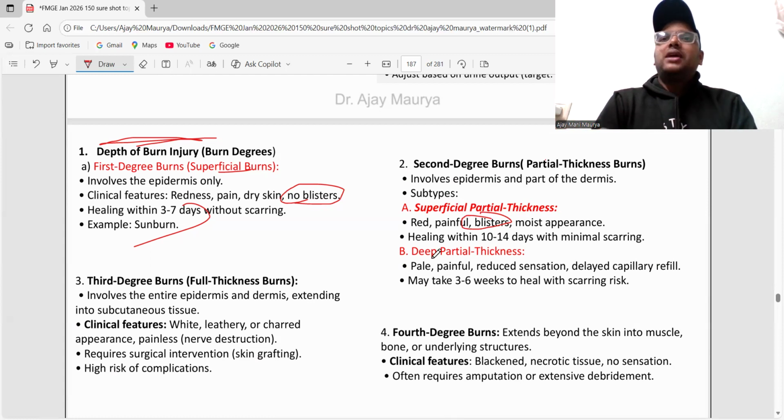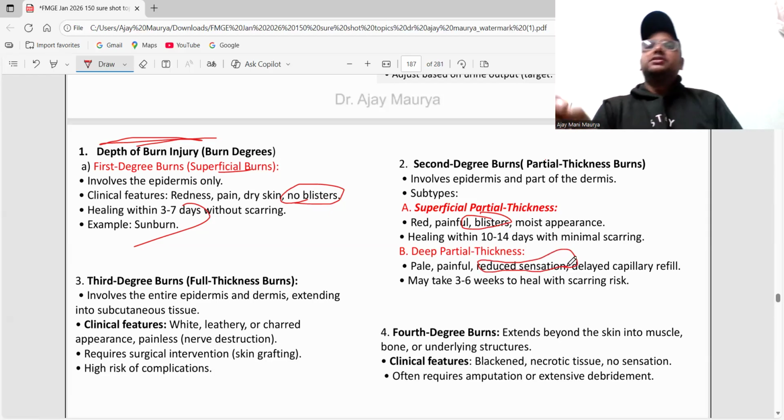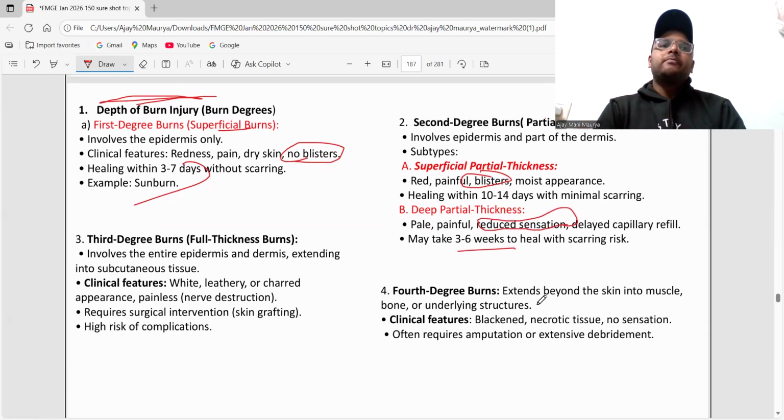The deep partial thickness: obviously it is going to be pale, painful, with reduced sensation because there is an injury to the nerves. That's why it may take 3 to 6 weeks to heal, with scarring.